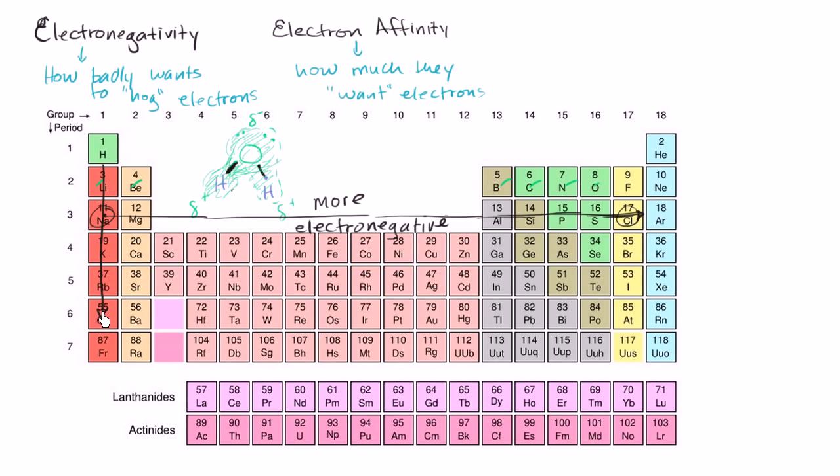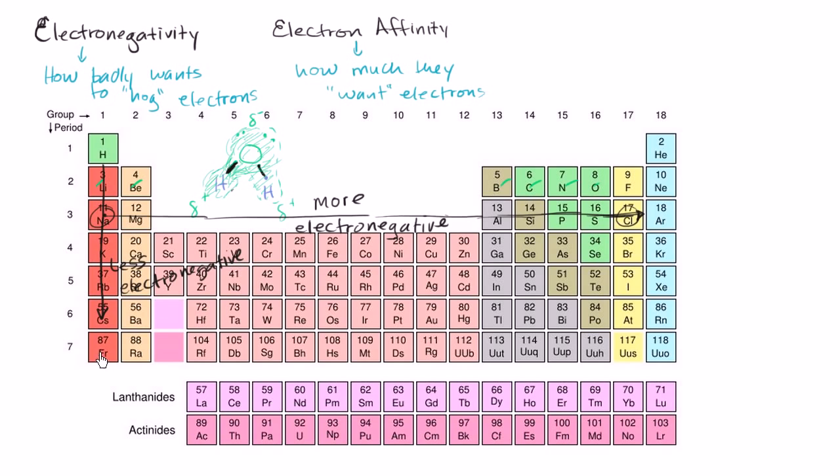And so because of that, one, there's more interference between that electron and the nucleus from all the electrons in between, and also it's just further away, so it's easier to grab it off. So cesium is very likely to give up electrons. It's much more likely to give up electrons than hydrogen. So as you go down a given group, you're becoming less electronegative.